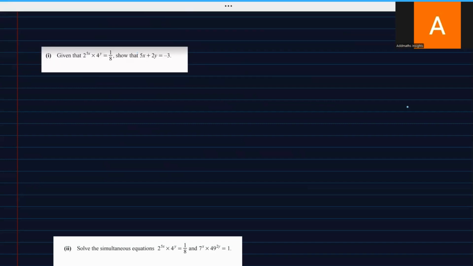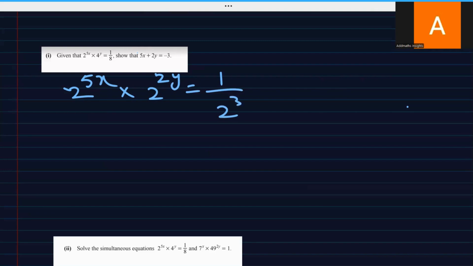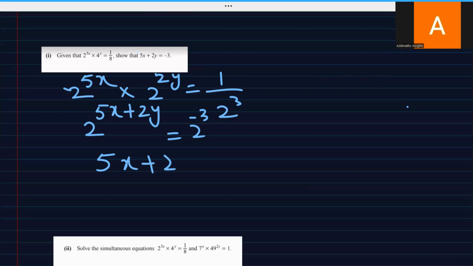You can write here 2 raised to the power 5x times 2 raised to the power 2y, and 8 means 2 cubed, so 2 raised to the power 5x plus 2y equals 2 raised to the power minus 3. Now bases are same, so when you compare, 5x plus 2y equals minus 3.